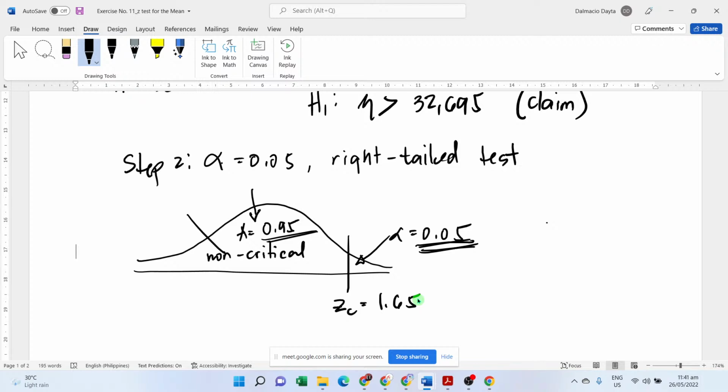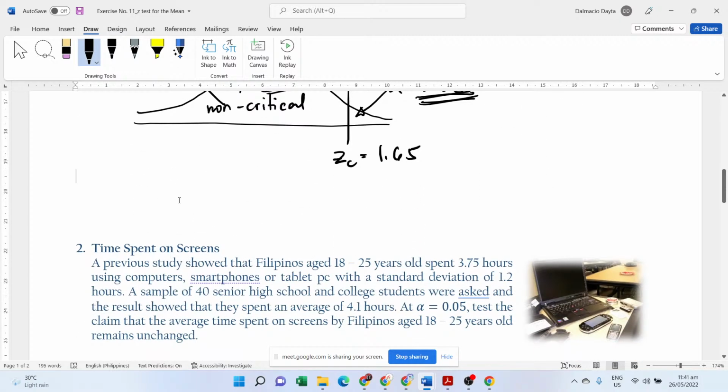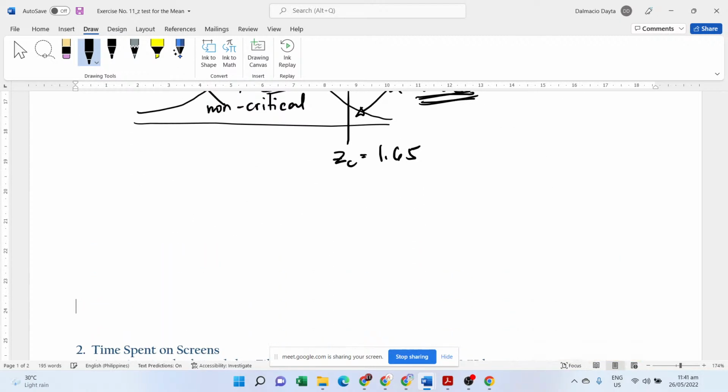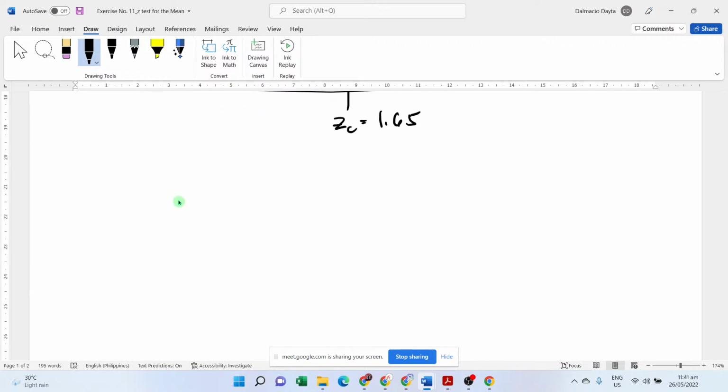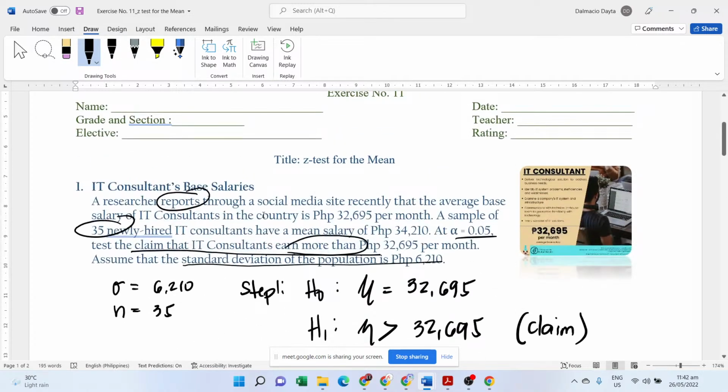Punta tayo sa step 3. Step 3, kinocompute natin yung z-test. Ito na, yung i-compare natin dyan sa 1.65. Step 3 is the computation of z-test. Kailangan natin yung mga given info. In the problem, we know that the population mean, or the average salary of the IT consultants in the country according to the report, is 32,695. Tama ba ako? Let's go back to the problem.